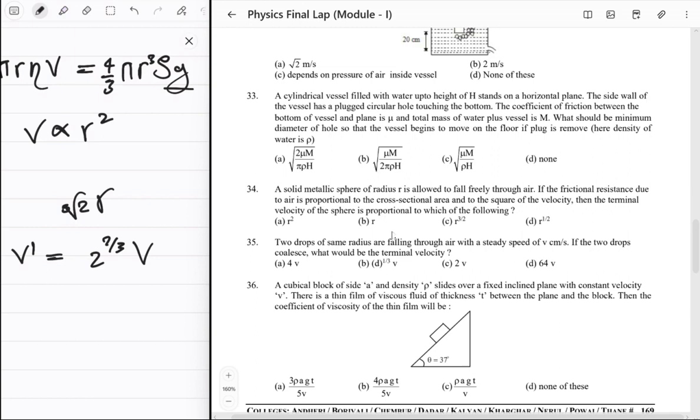So where is that in the options? V64? No, that's not right. R cube is constant, so it's the cube root. What is going on?